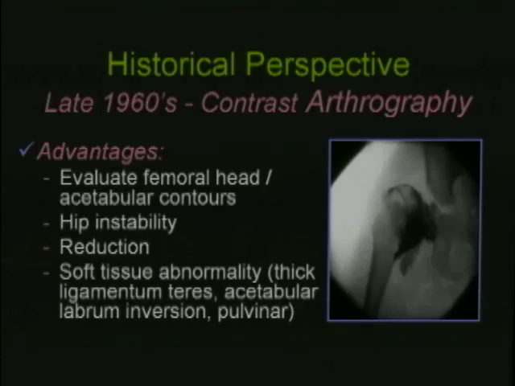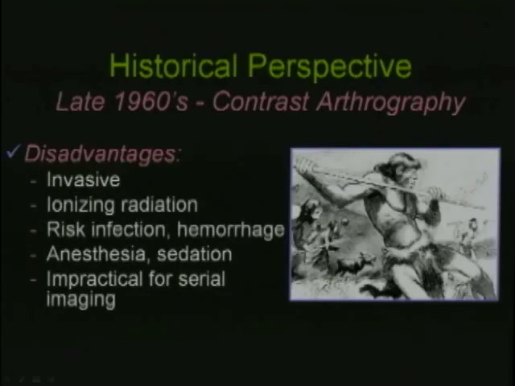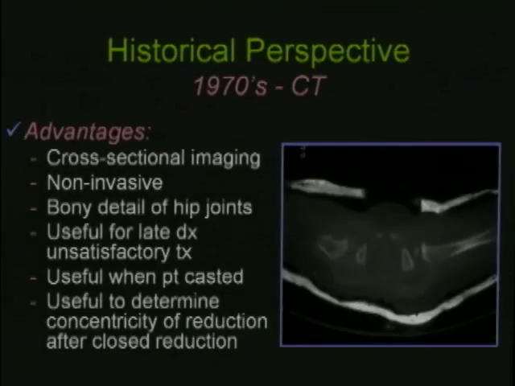Could also see the soft tissue abnormalities around the hip. But this is invasive, and so this is not ideal for children. It requires ionizing radiation. There's a risk of infection and hemorrhage when injecting contrast into the joint. It requires anesthesia, sedation, and is certainly impractical for serial imaging.